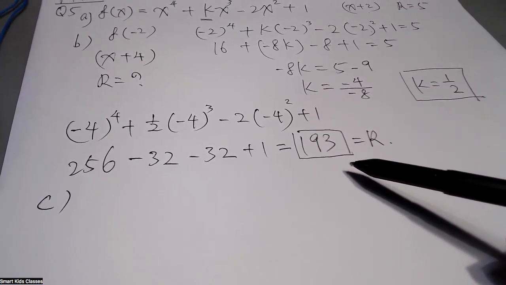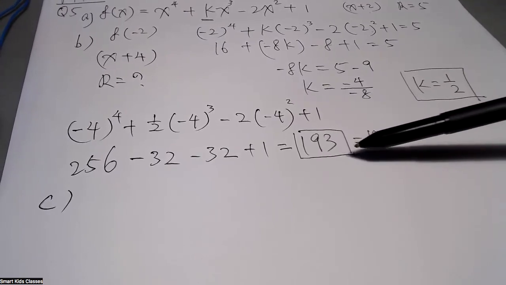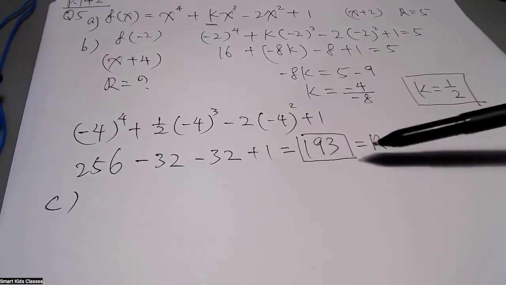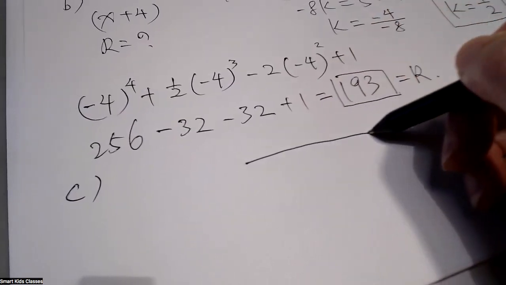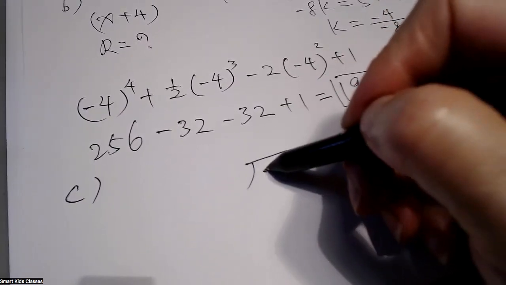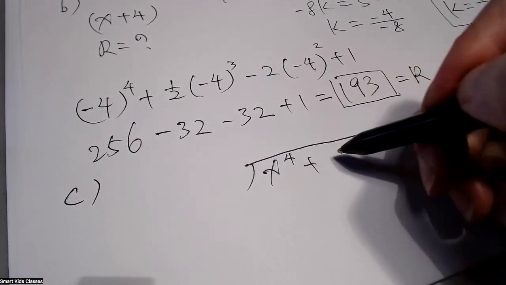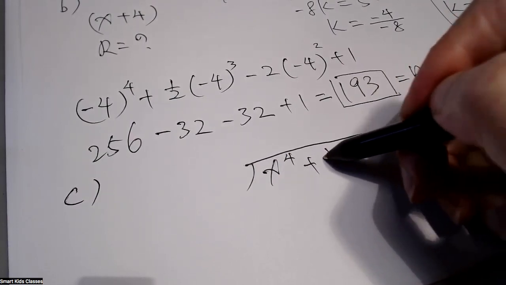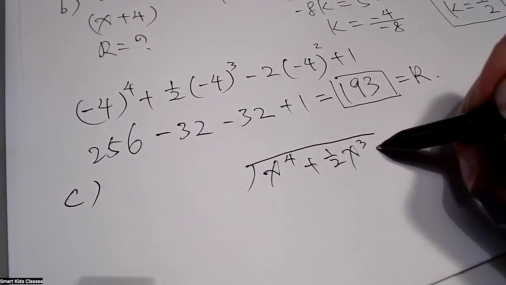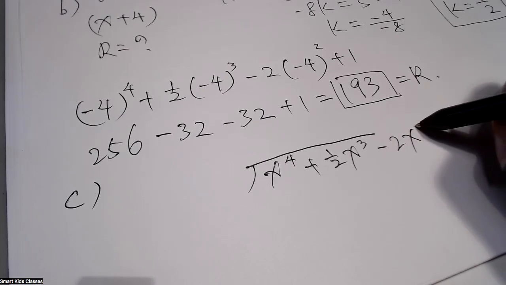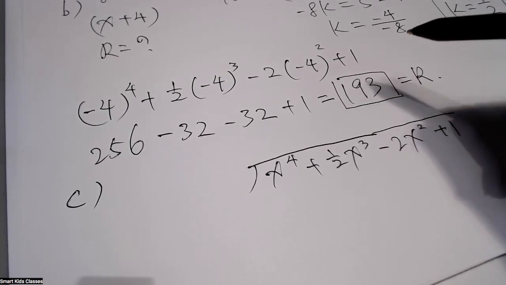And question C asks you to use long division to verify if this remainder is correct. So we're going to do a long division here. We have x exponent 4 plus 1 over 2 x exponent 3 minus 2x exponent 2 plus 1.